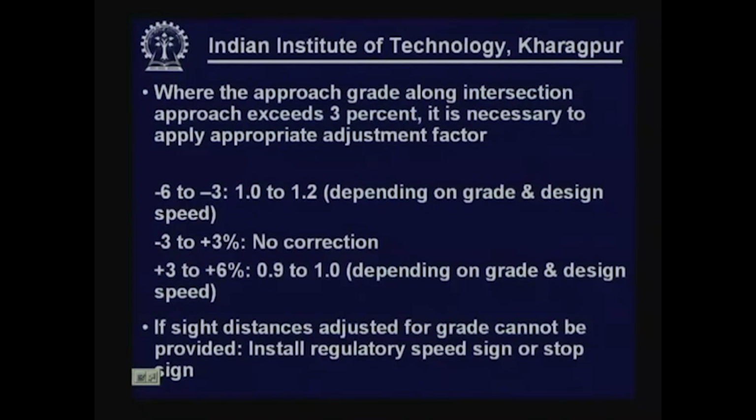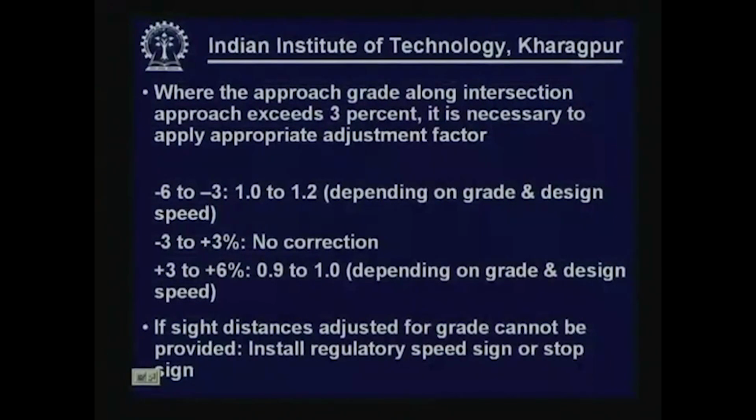That means, whatever values are given in the AASHTO table, those values are essentially for approach grade plus minus 3%. That means, upgrade or downgrade. But if the grade is outside this range, then suitable correction factors are to be applied. Those factors are also given in the AASHTO manual.